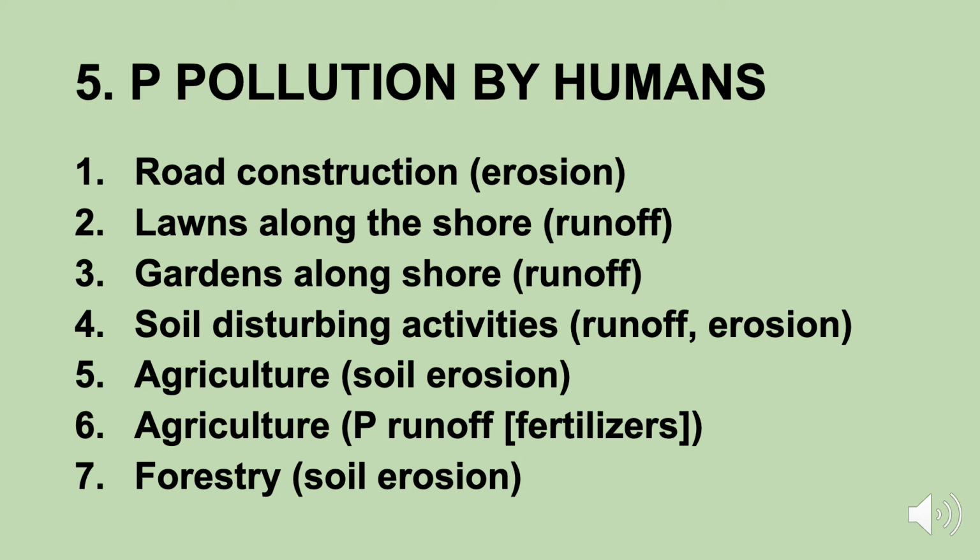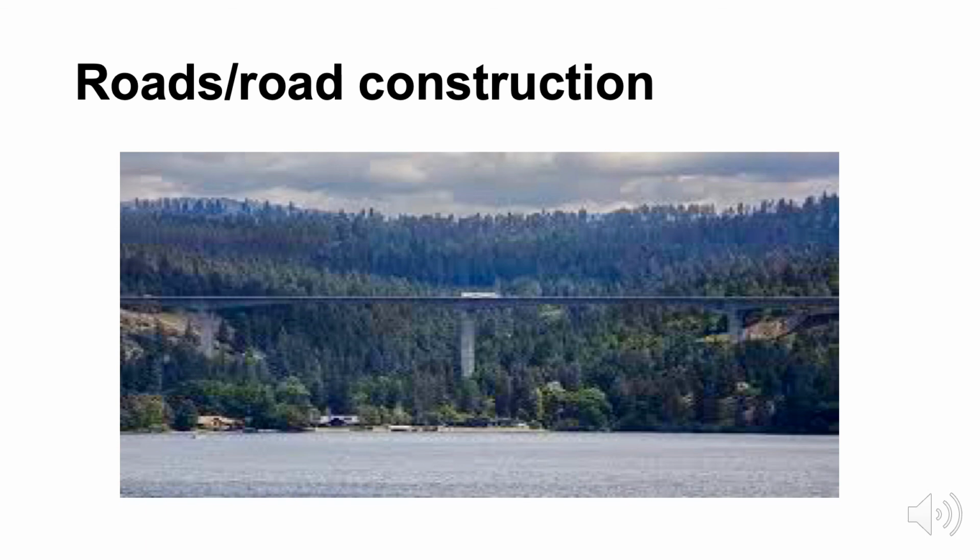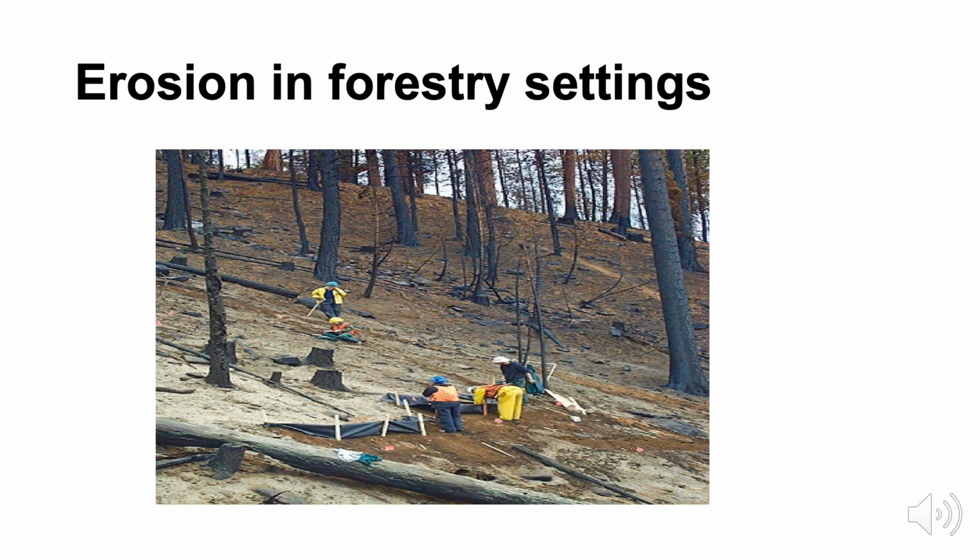A couple pictures of this. Oh, here's a road on the north shore of Lake Coeur d'Alene. I think that's our Interstate 90. If you look on both sides of the bridge, you can see bare soils. Major construction project, phosphorus washing off that land into the lake. Look at forestry. When you start harvesting forests, you leave bare soils.